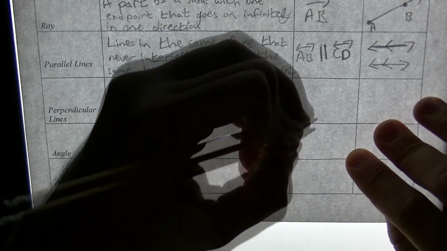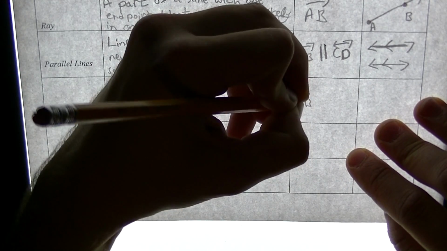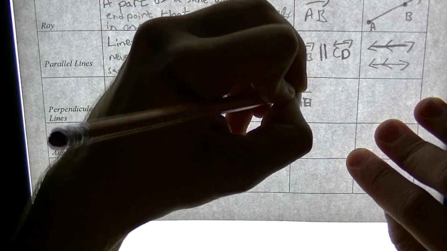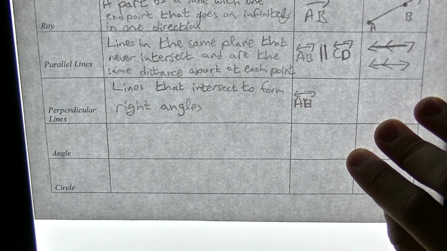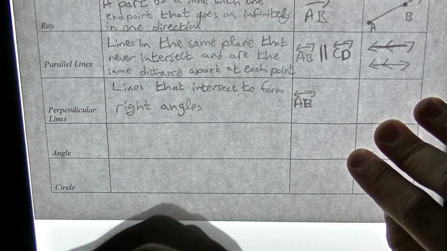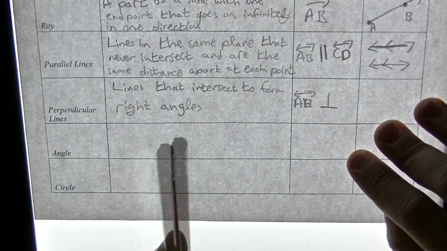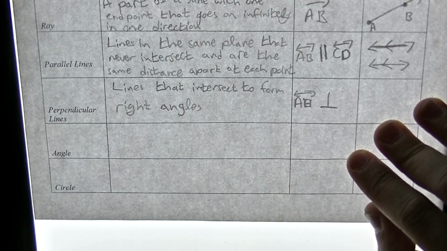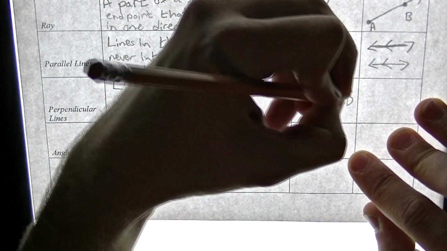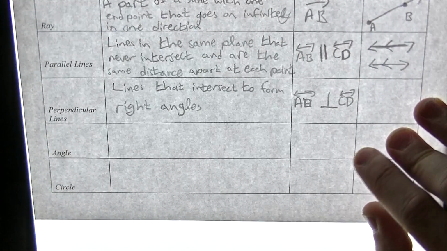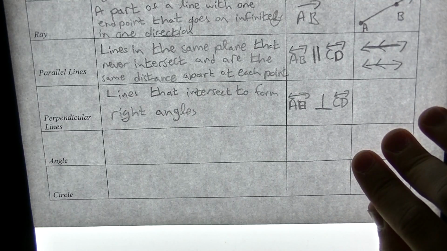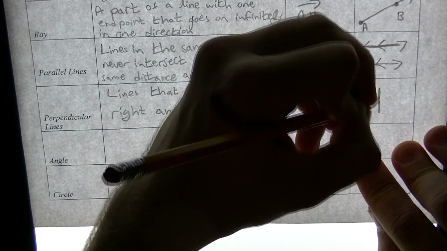But here's how we denote it. If I have a line AB and I want to say that it is perpendicular to another line, I will say this symbol means perpendicular. Line AB is perpendicular to line CD. And an example of what that looks like is our good old coordinate grid.